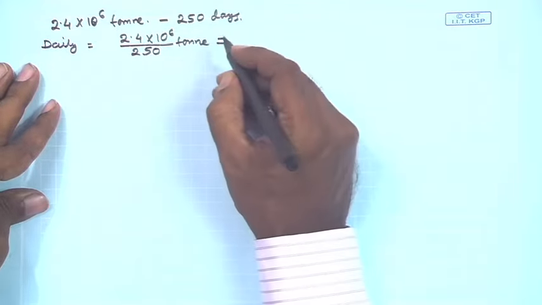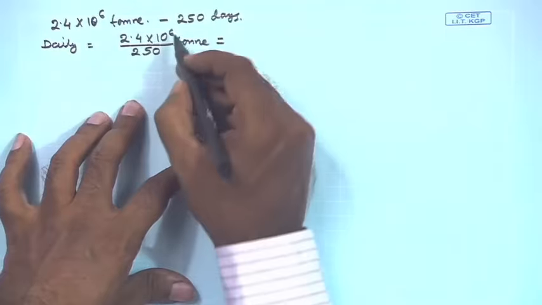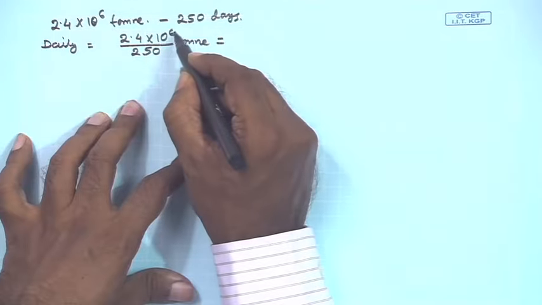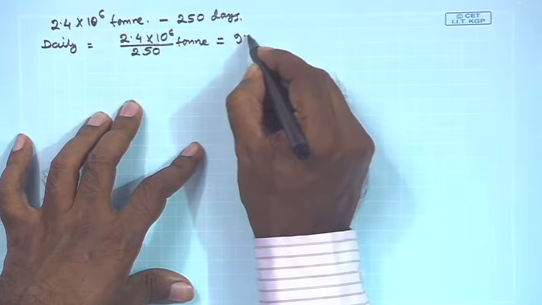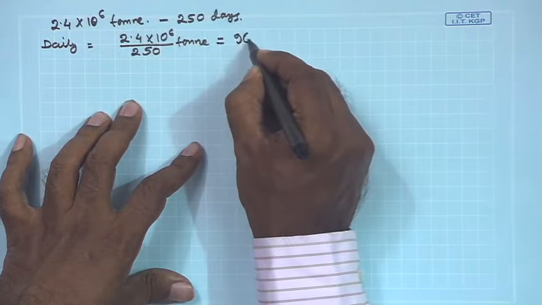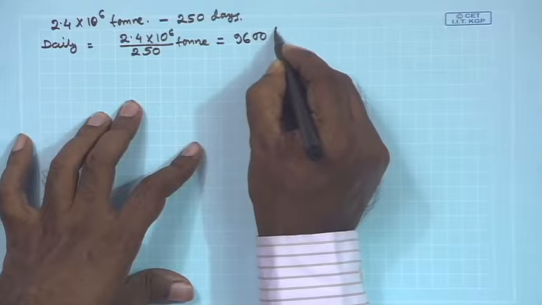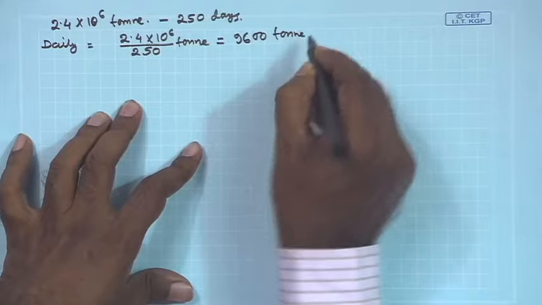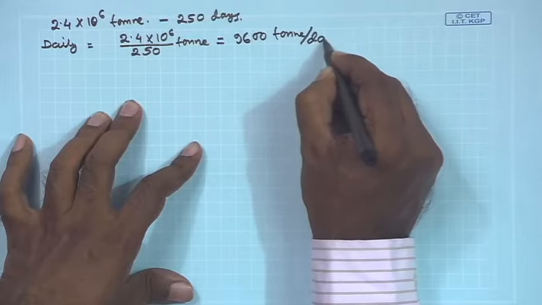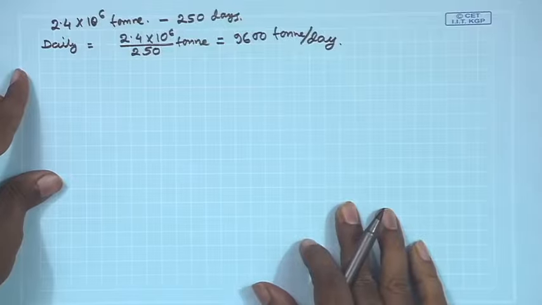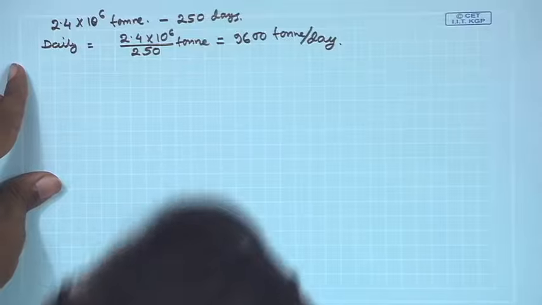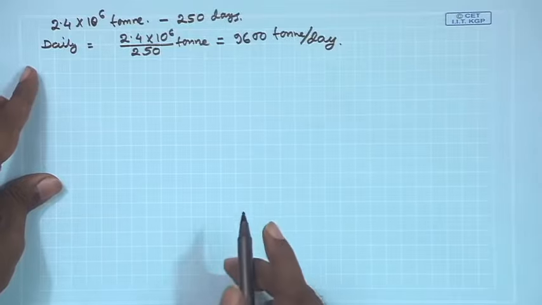If we calculate it, it comes to 4000 into 2.4, that means 9.6 into 1000, so 9600 ton per day is the production target. So, this is our production target, which is given in this case.